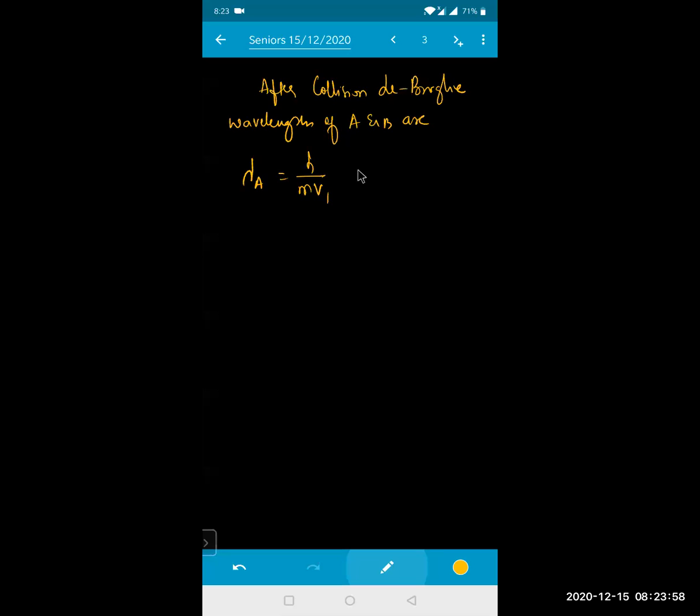That will be equal to the v1 value. How much did we get right now? v by 3. So h by m into v1, which is v by 3, means this will become 3h.